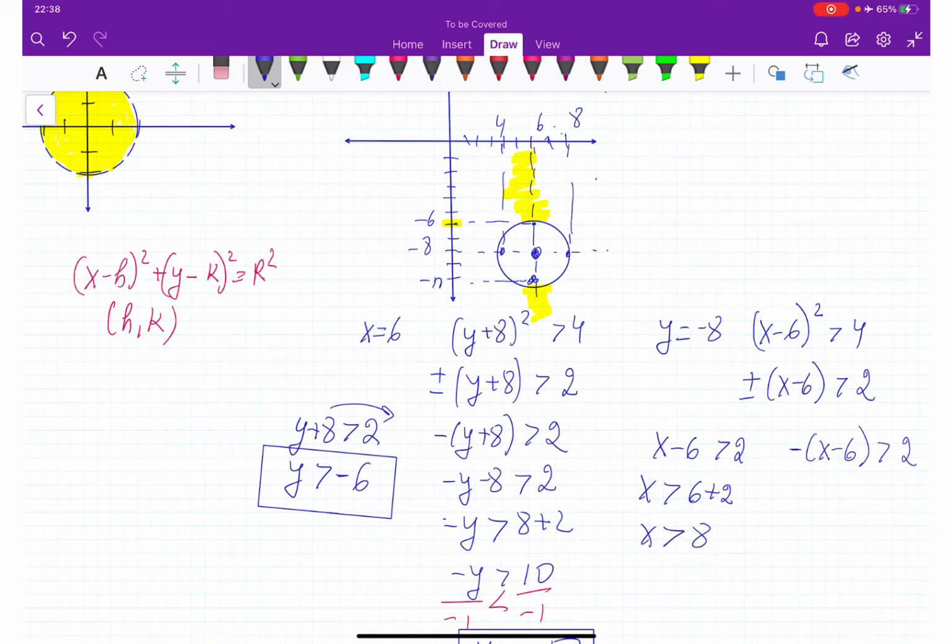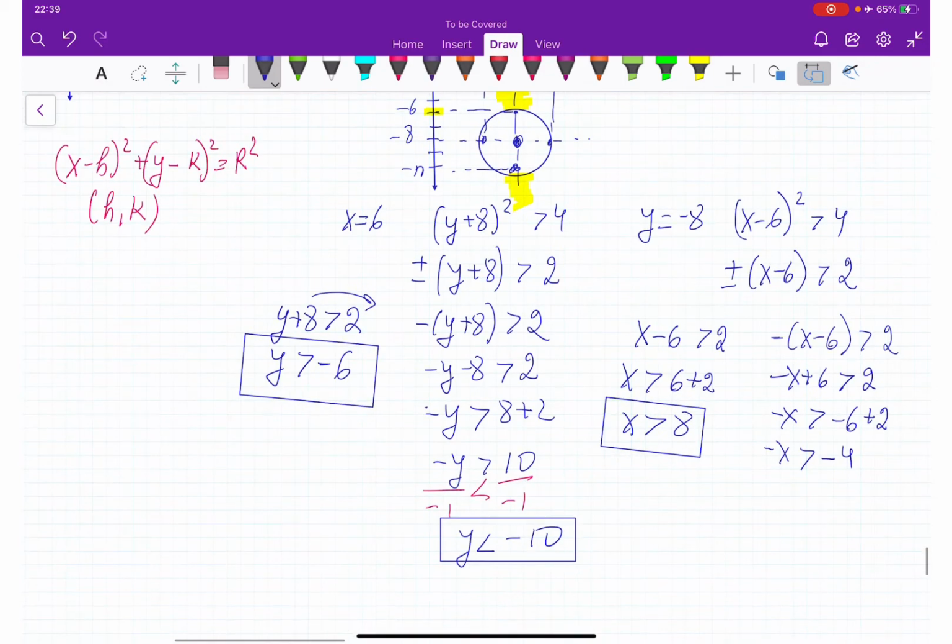That's the first answer. And the second one is negative x plus 6 greater than 2, negative x greater than negative 6 plus 2, negative x greater than negative 4.